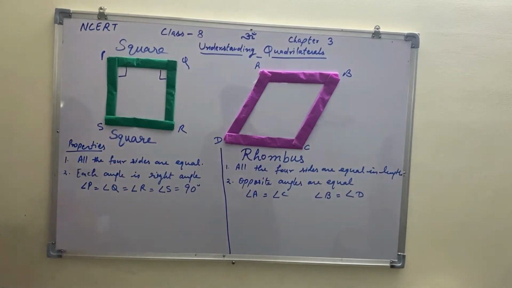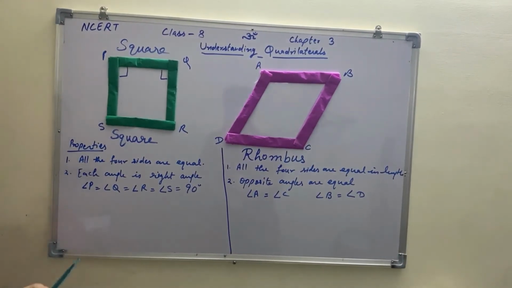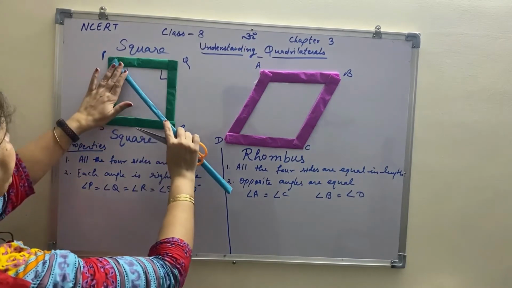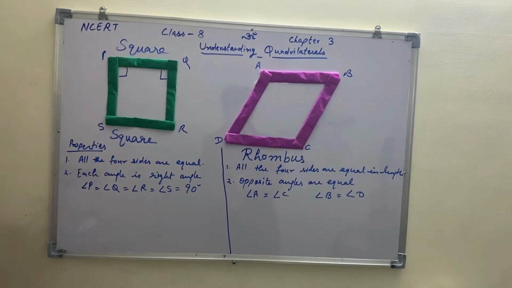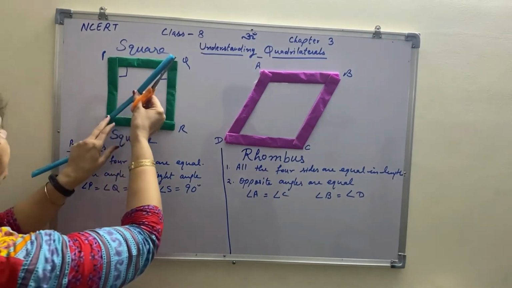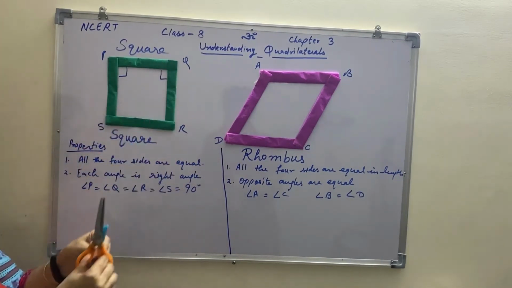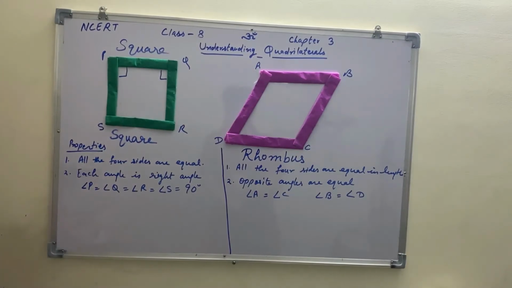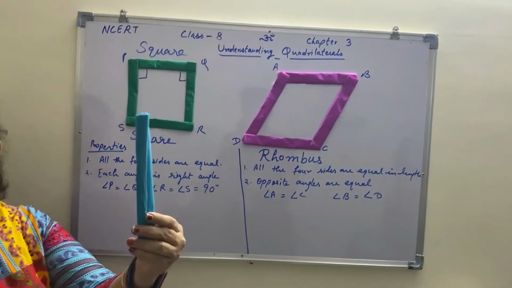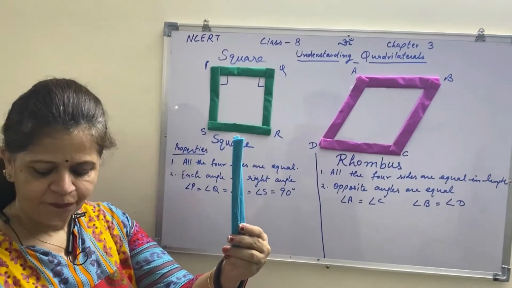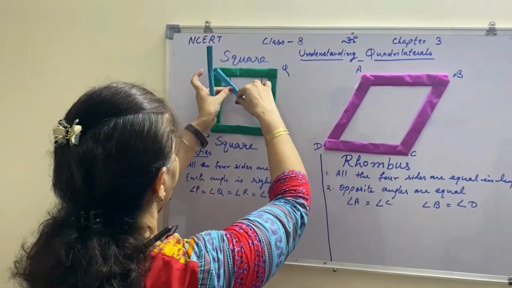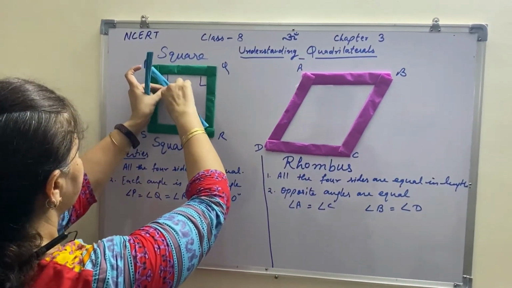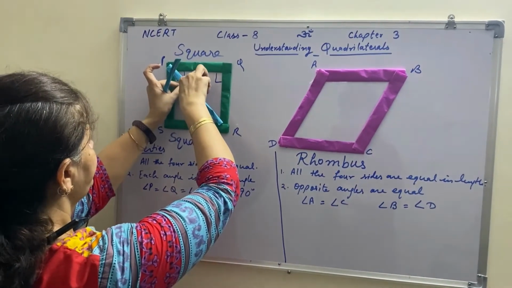Now we talk about their diagonals. If I take this length as PR, one diagonal, and cut this length, and another diagonal I am taking as SQ, and cut it also, you can see both the diagonals are equal in length, because in a square the diagonals are equal in length, because a square is a special rectangle.